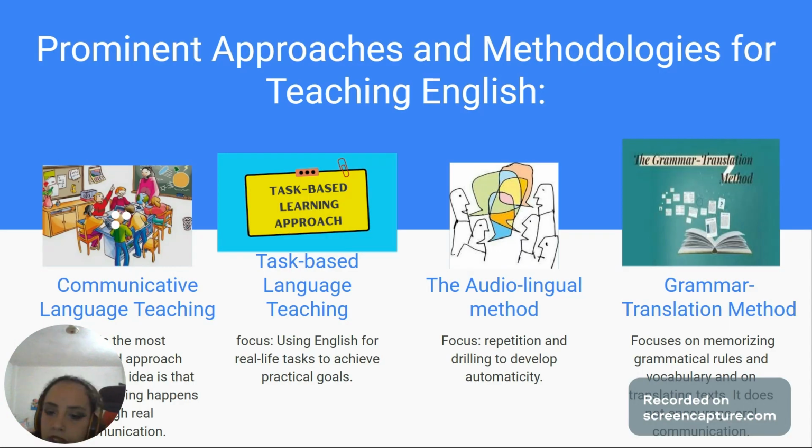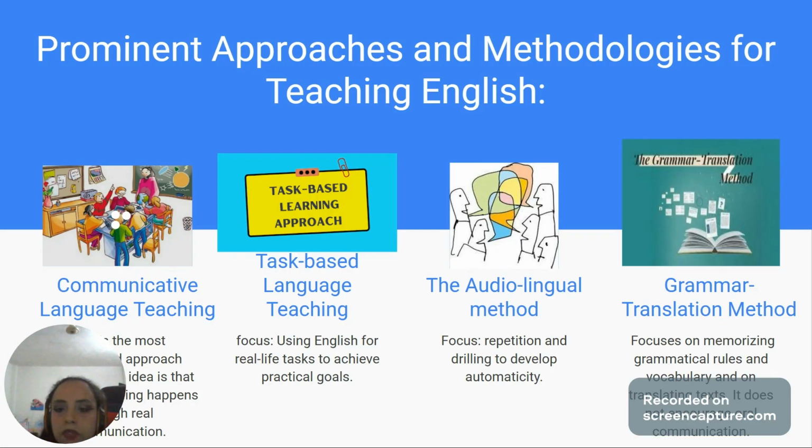Let's go now with the audiolingual method. It focuses on repetition and drilling to develop automaticity. It is based on repetition, as I said before, and memorizing dialogues. It aims to create language habits through constant drilling.